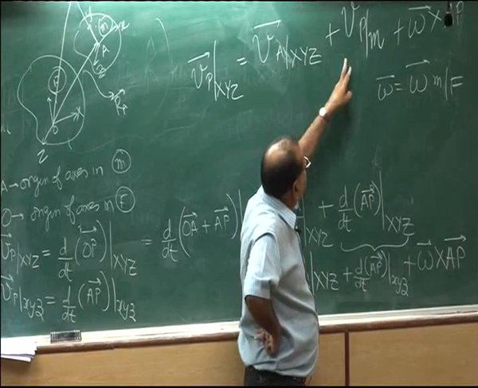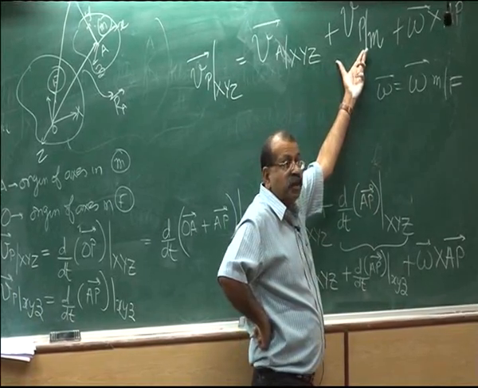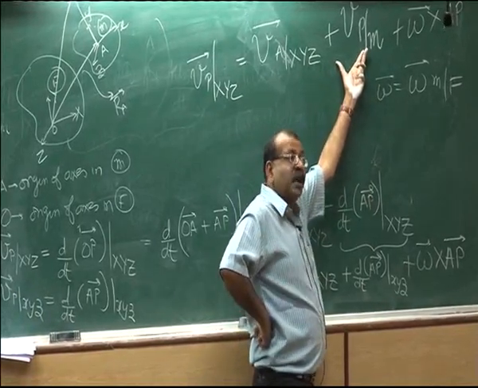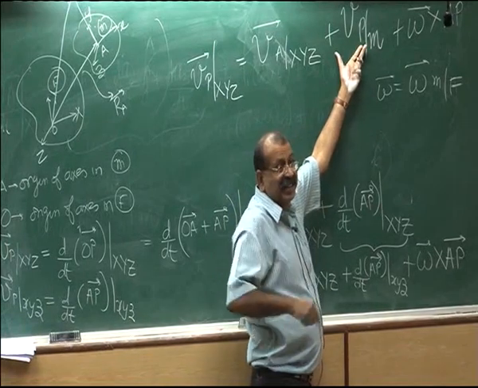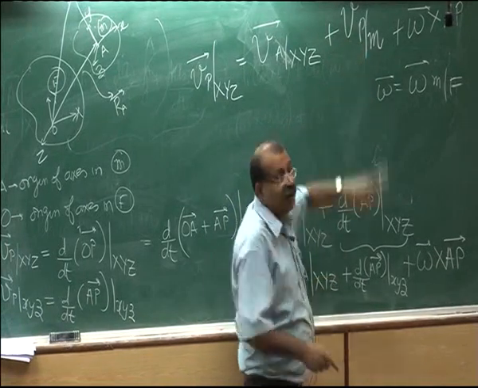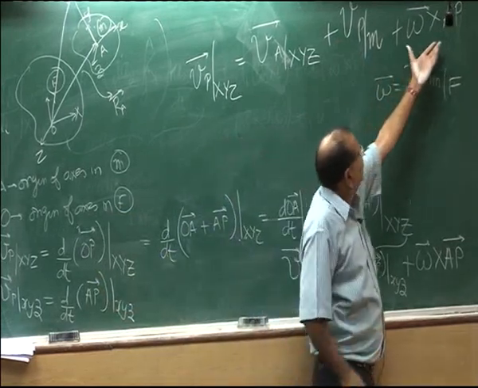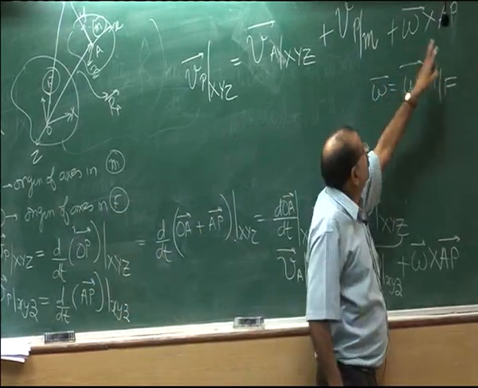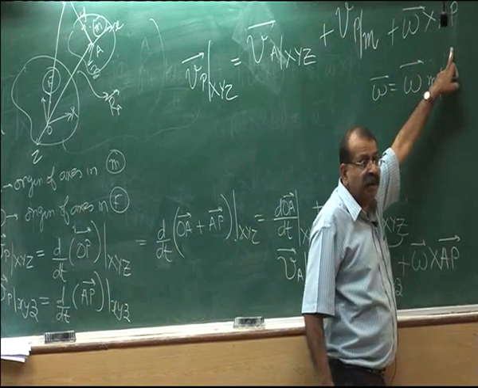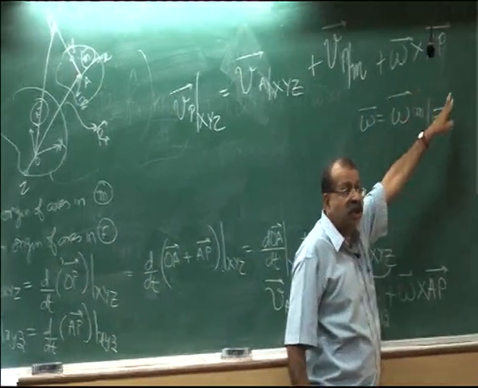So when I differentiate this, I will get acceleration of P with respect to m plus omega cross Vp, because I am taking the derivative with respect to capital X. And then when I differentiate this, I will get omega dot cross AP plus omega cross AP dot.